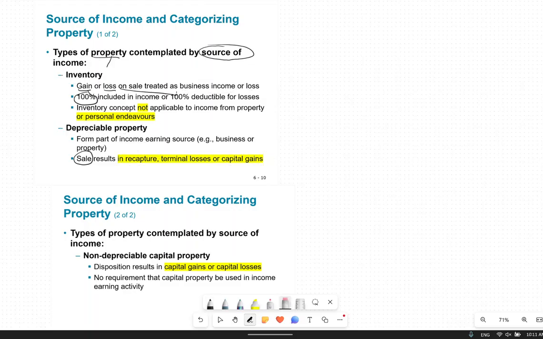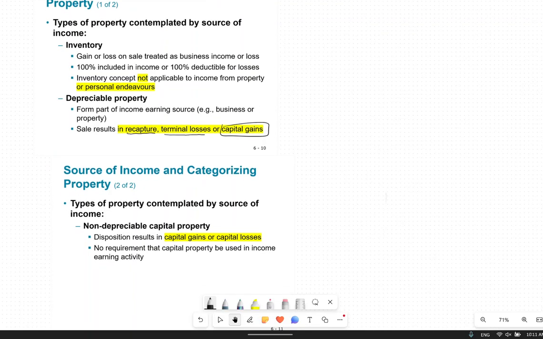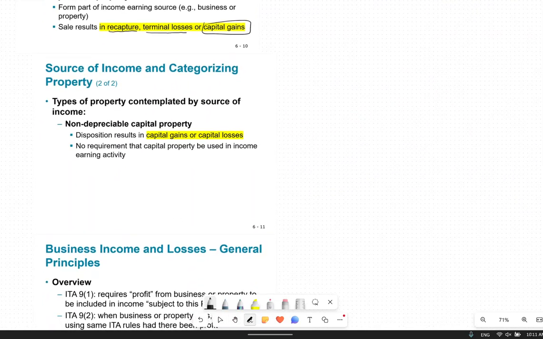So in the last chapter, chapter 5, we learned that if you depreciate a property, you can have a CCA, a recapture, a terminal loss, or also a capital gain. So go back and visit chapter 5 if you're having a problem with recapture, terminal loss, and capital gain.